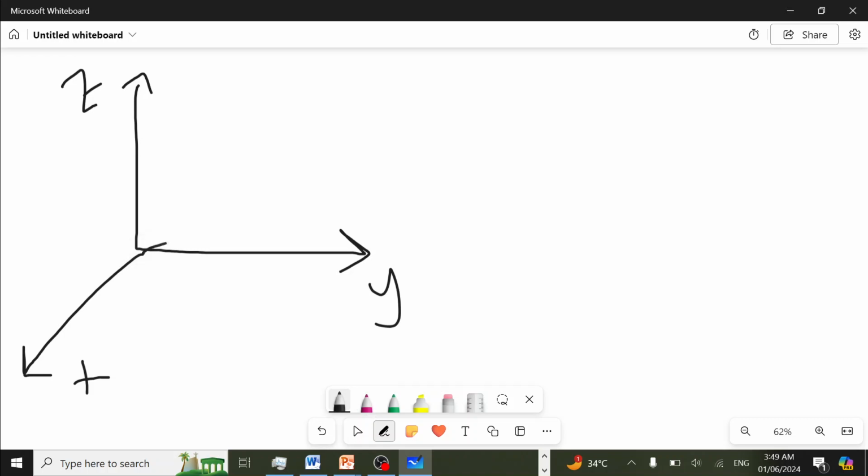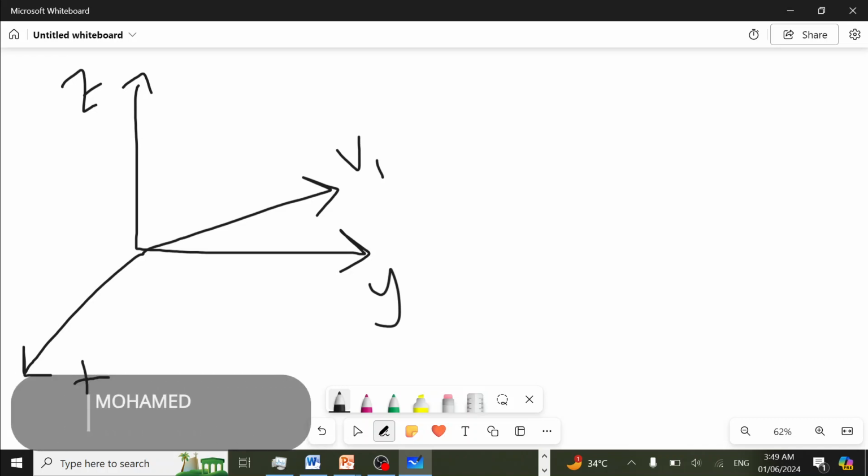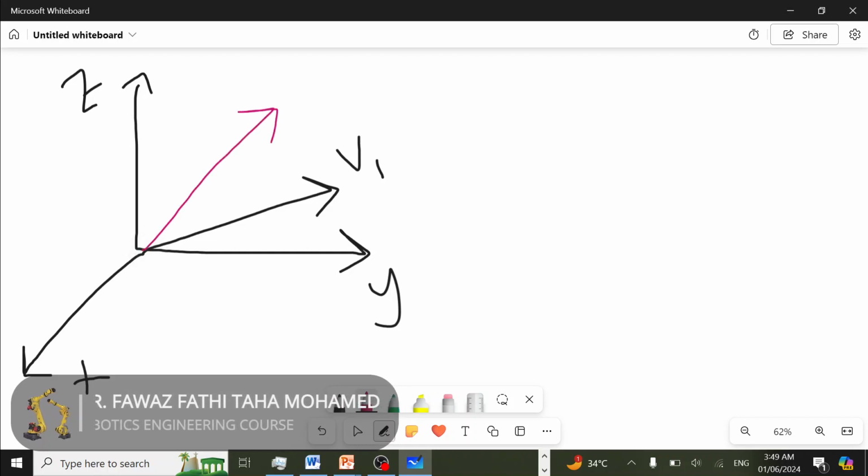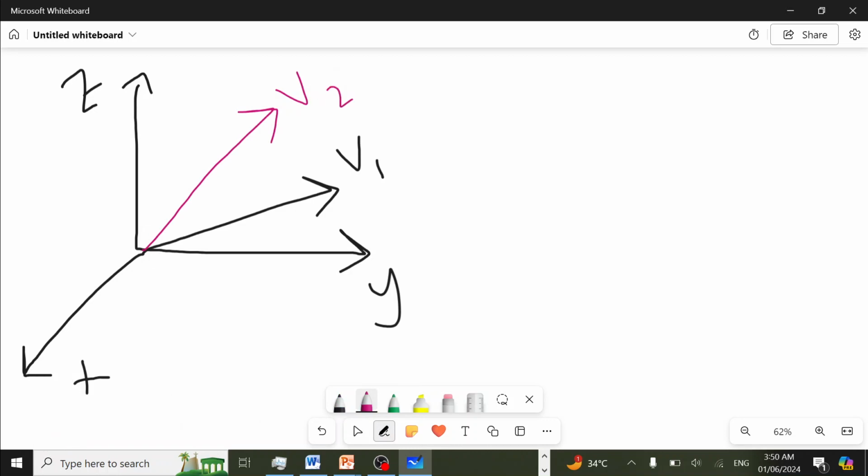And here we have this example, call it V1. Firstly, we will make a rotation around the x-axis. Here this is the first rotation around the x-axis, v2, okay, and the new v2 equals the rotation around the x-axis multiplied by v1.